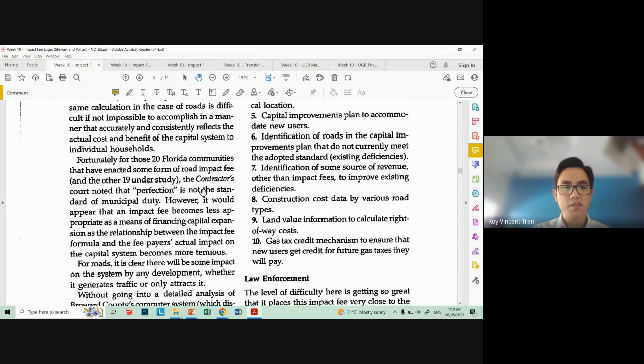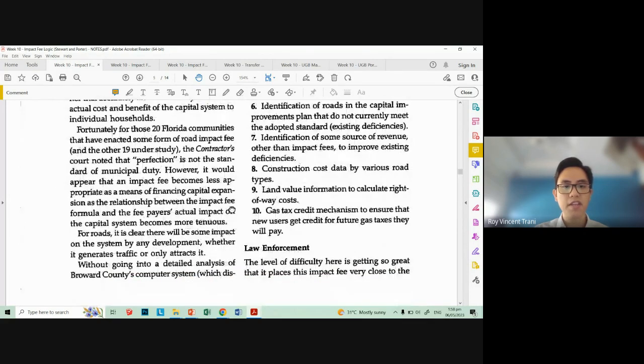The court noted that perfection is not the standard of municipal duty. However, it would appear that the impact fee becomes less appropriate as a means of financing capital expansion, as the relationship between the impact fee formula and the fee payer's actual impact on the capital system becomes more tenuous.